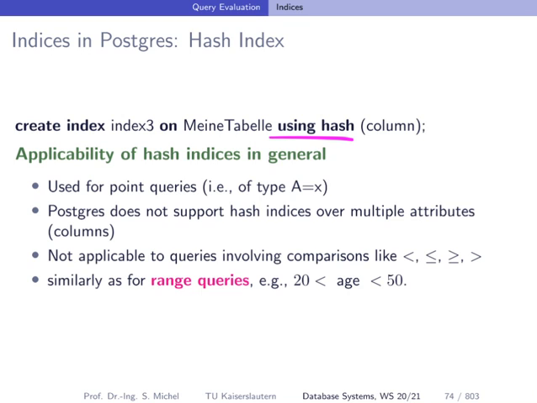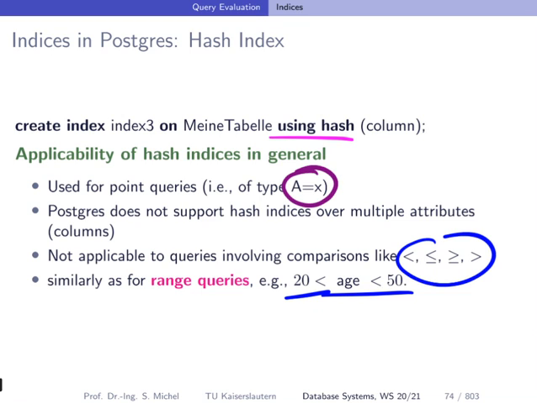There's no, at least no direct way to answer range queries using hash. That means comparisons like this, wanting everything between 20 and 50, or comparison operators for the queries, are not supported by hash indices. Only this, a equals x, is supported.